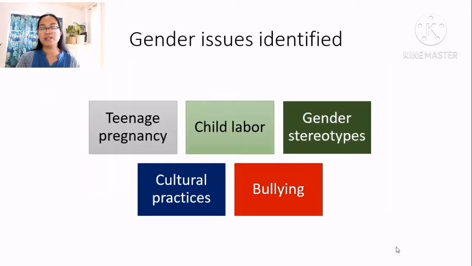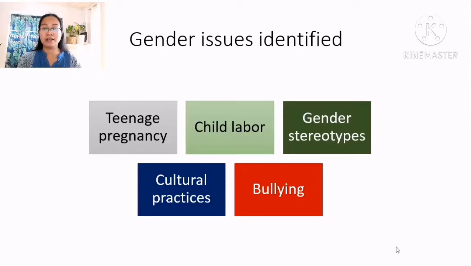So, yan po. These were the identified issues, but this is in the case of basic education. But I think it is also applicable sa, may mga issues po dyan na applicable also sa college level. Like, for example, teenage pregnancy. So, yan ang major concern right now. Child labor. Child labor is one of the reasons bakit yung retention and transition bumababa yun sa mga lalaki.